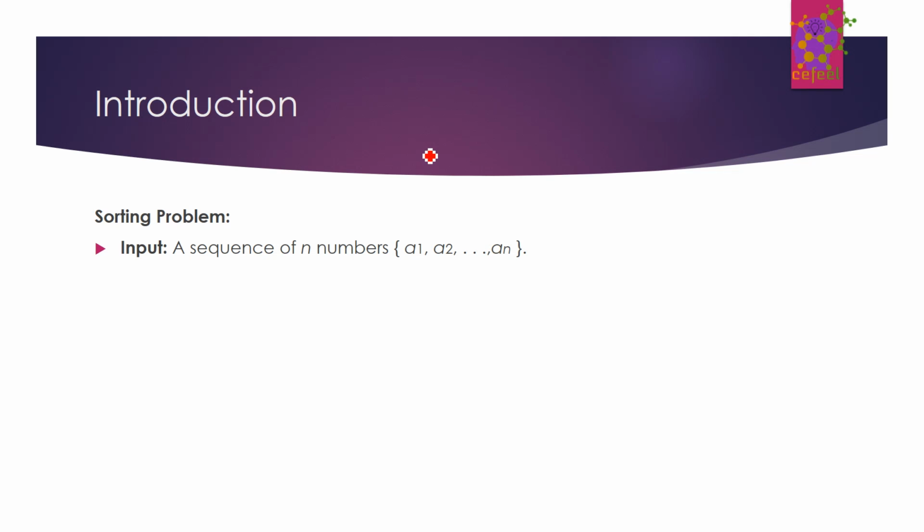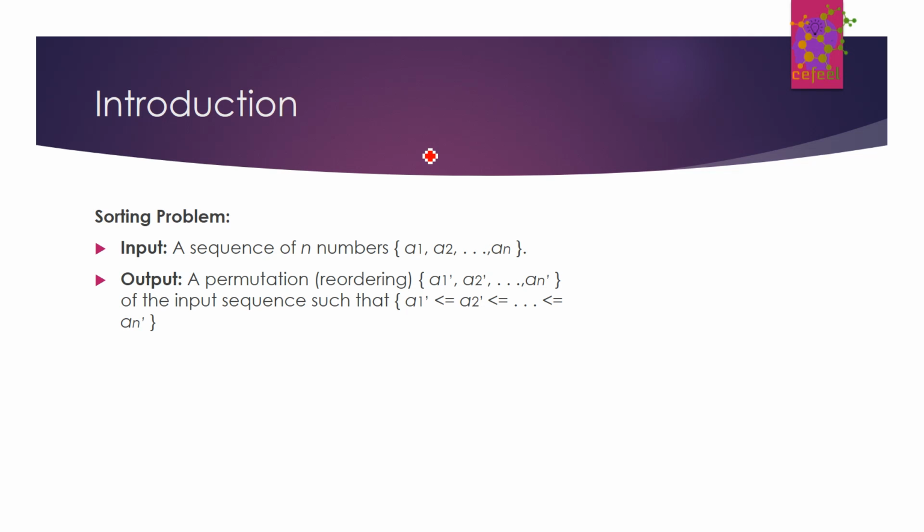For this video, let's assume that we just have a set of n numbers that are given to us, let's say a1 to an, and they are in arbitrary order, not necessarily in any particular order. The output that is expected is a reordering of the given n numbers such that the numbers are in an ascending sequence.